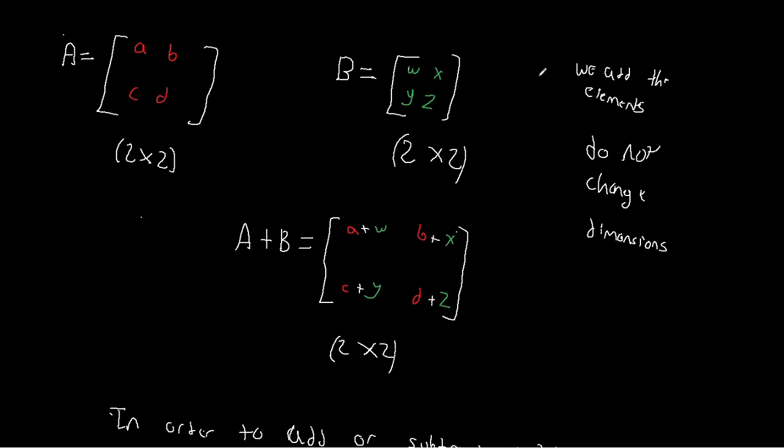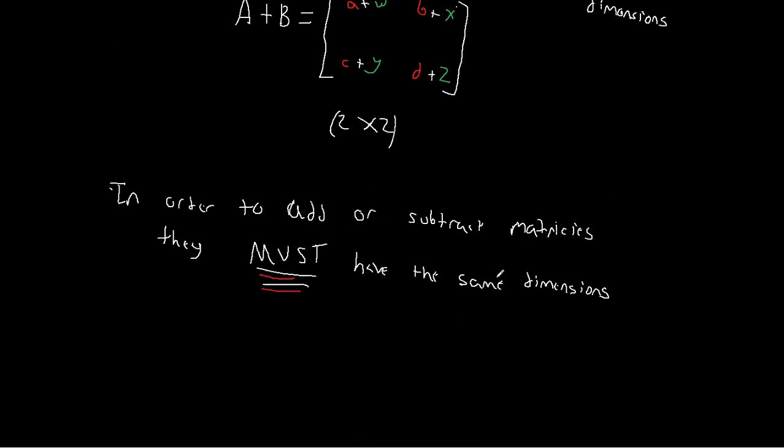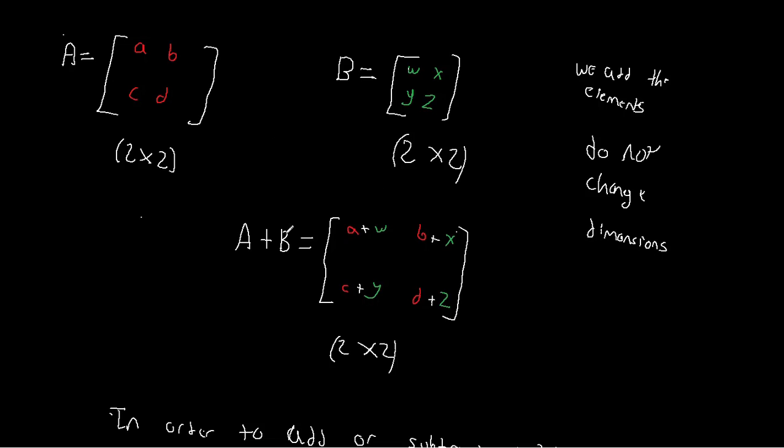So again, we add the elements, we don't change the dimensions, and in order to add or subtract, they have to have the same dimensions. So that's how addition works. We add the elements, A plus W, B plus X, etc.